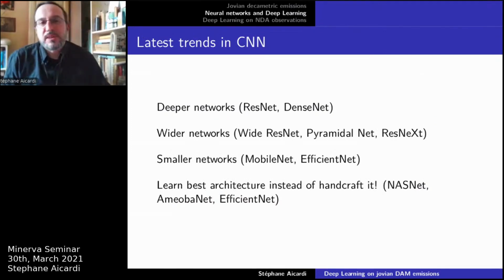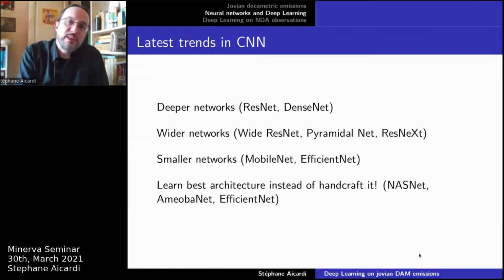So since, I would say, 10 years, we got many trends. One is to build deeper networks with ResNet and DenseNet. One is to build wider networks. I mean by that, networks with lots of features. We have Wide ResNet, ResNeXt.